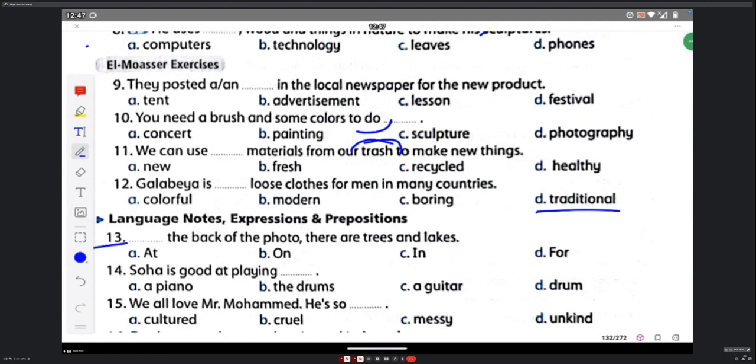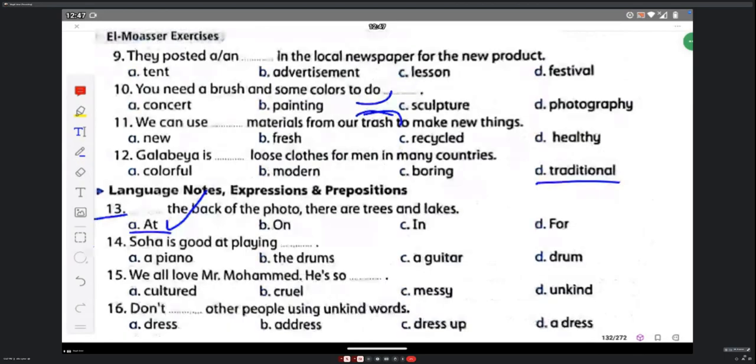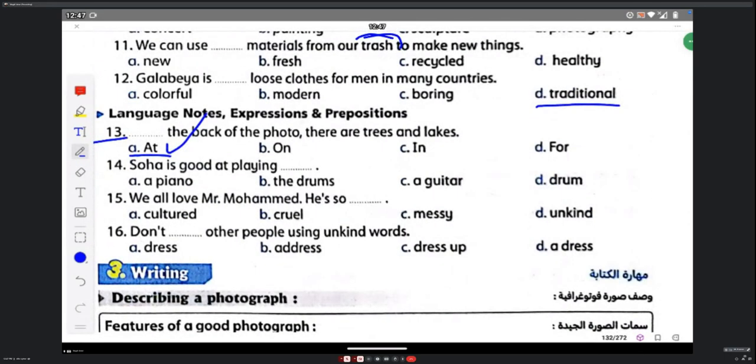Number 13, blank, the place of the photo, there are trees and lakes. At the back, at the back.